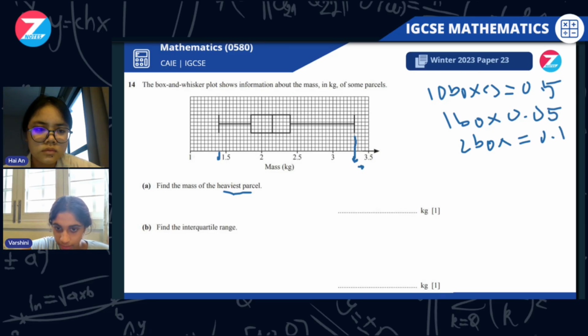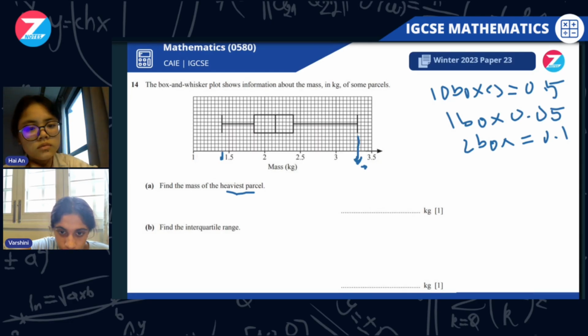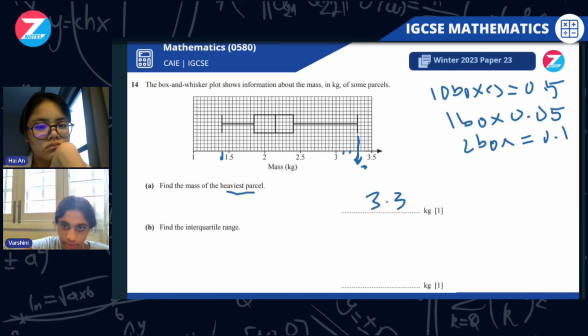So now let's find what box this value is at. Let's count from 3. So 3.1, 3.2, and 3.3. So the mass is 3.3.